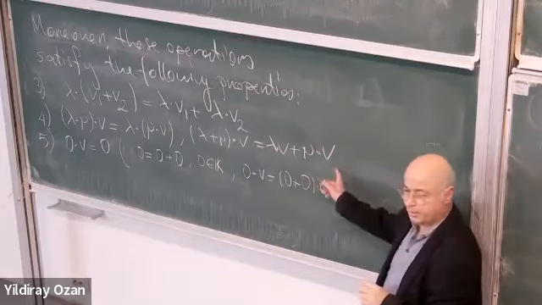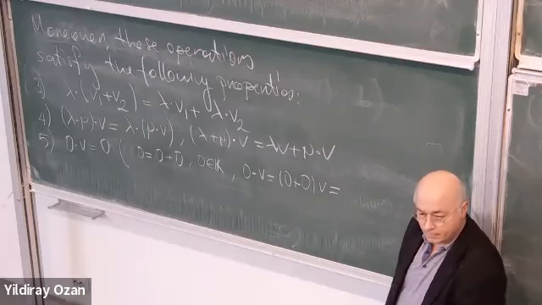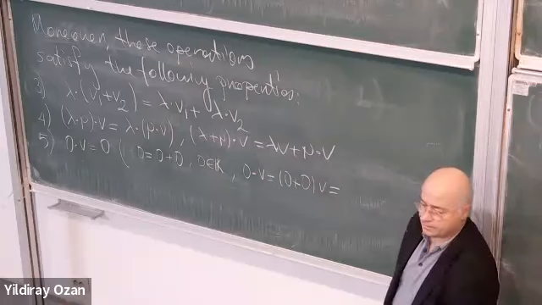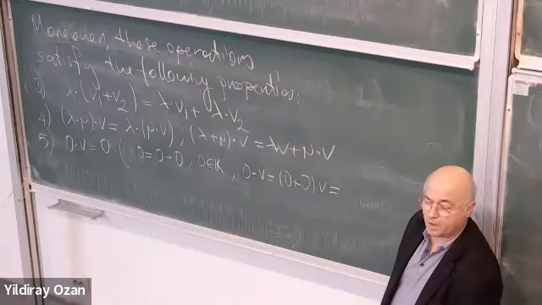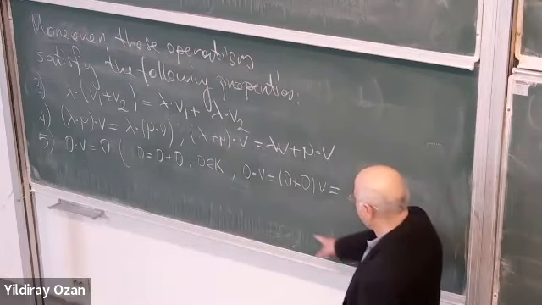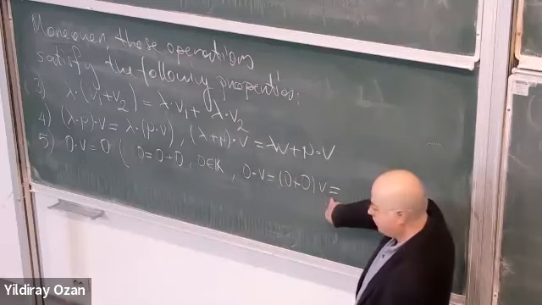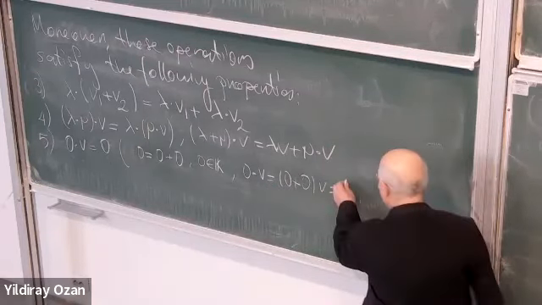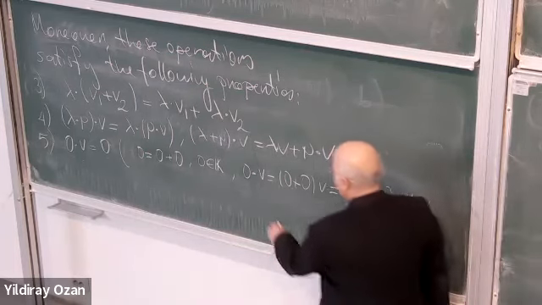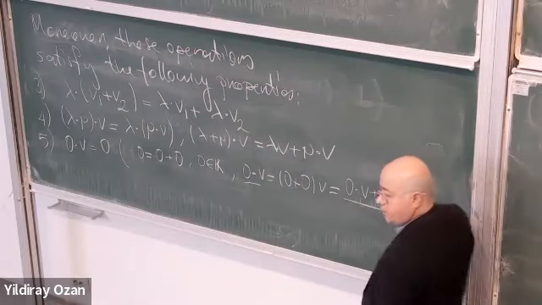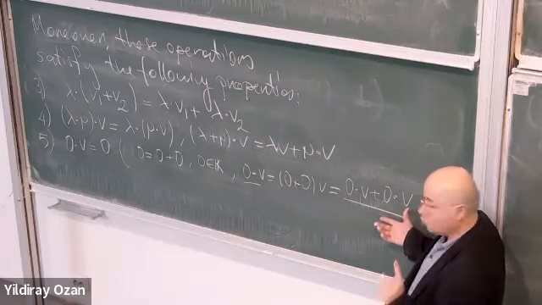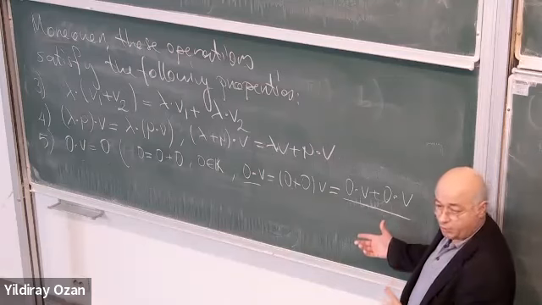We forgot this, right? Again, the binary operation. So 0 times V is 0 plus 0 times V. And from the distributive property, I can write this as 0 times V plus 0 times V. So what we see is that this is the same as this one, but this is an equation in the abelian group B, and every element has an inverse.